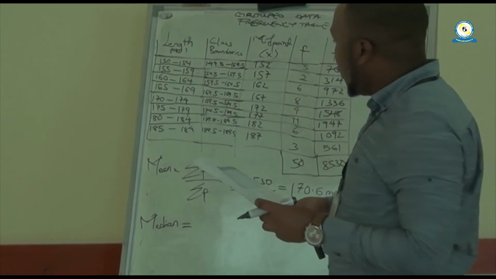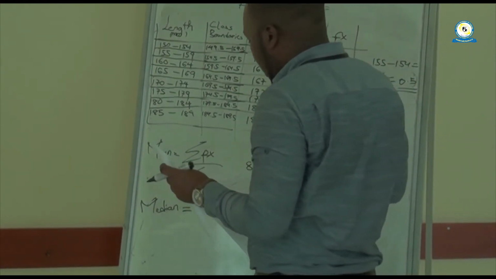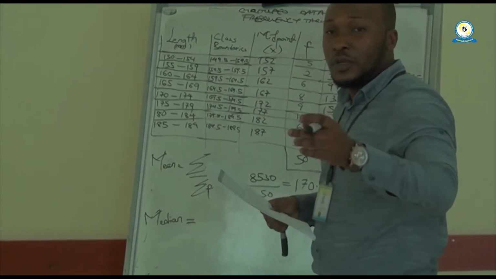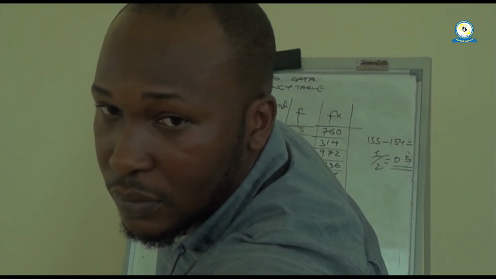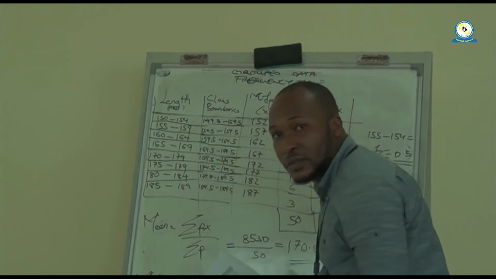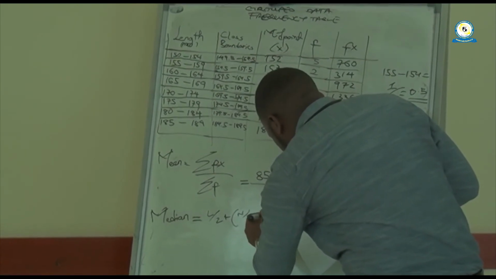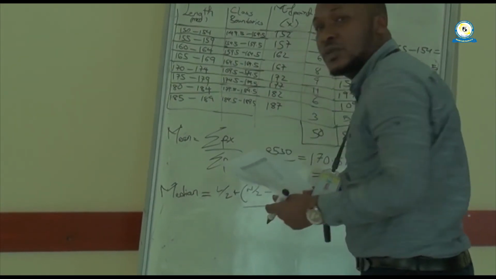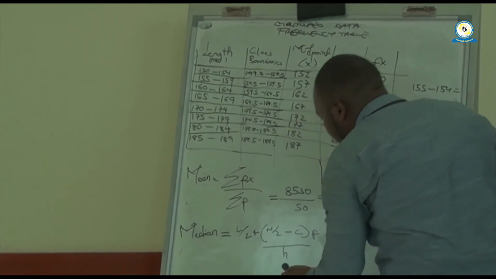So we had our median formula: L plus (n over 2 minus C) over f, times h.